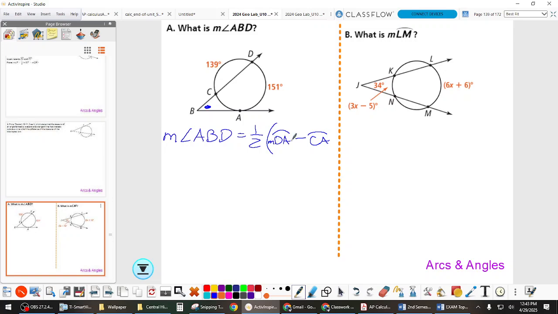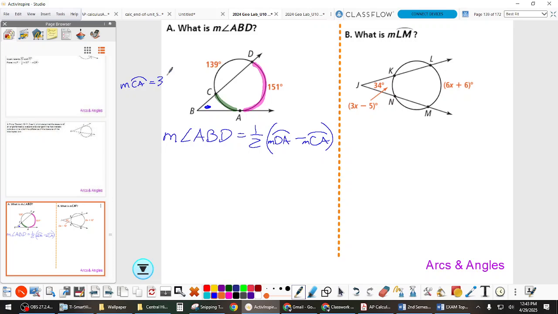Honestly, these should have measures out front. Okay, so the big arc is DA and the little arc is CA. So why is the 139 there? Yeah, we don't have the small arc otherwise. So the measure of arc CA is what?